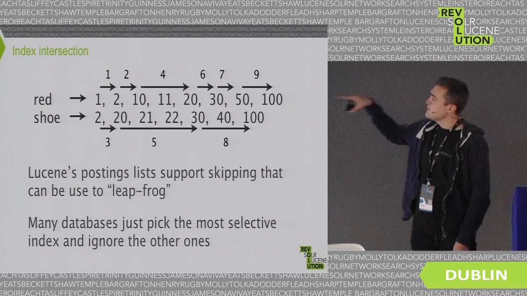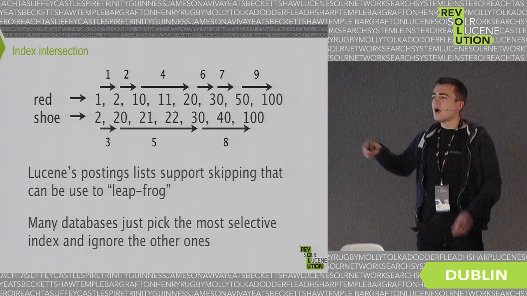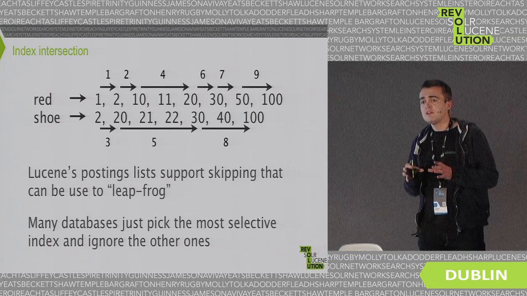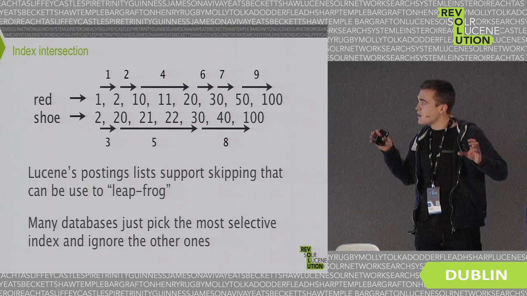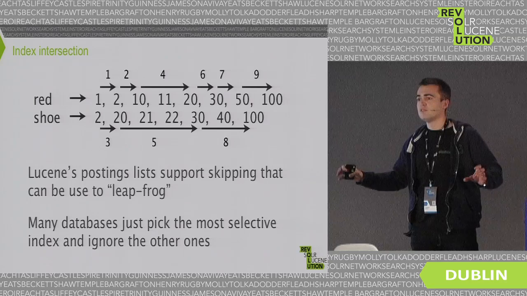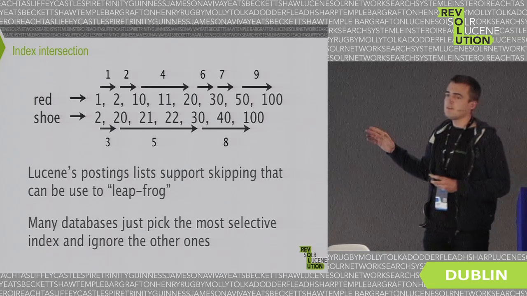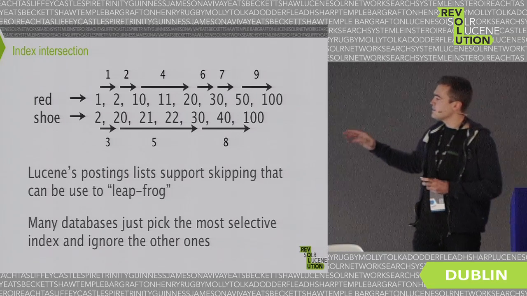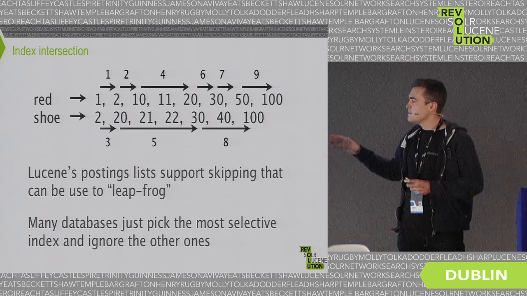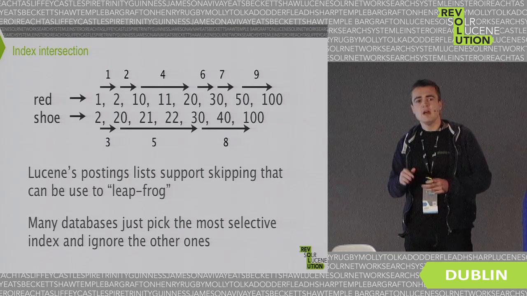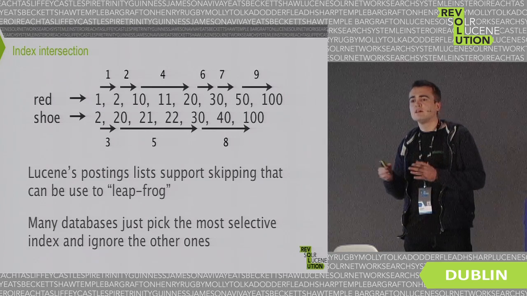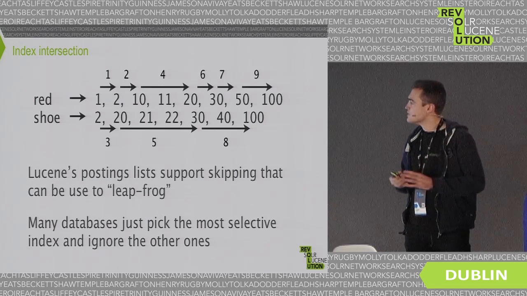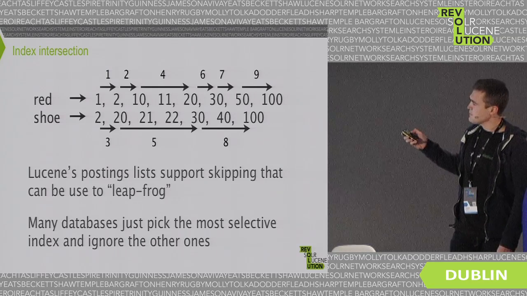This means that this is going to work if red and shoe are two terms of the same field, but it is going to work in the exact same manner if these two terms are stored in different fields. This is something that most databases can't do, and the only thing that they do in that case is pick the most selective index, and they just forget about the indexes they have on the other field that you are querying on.